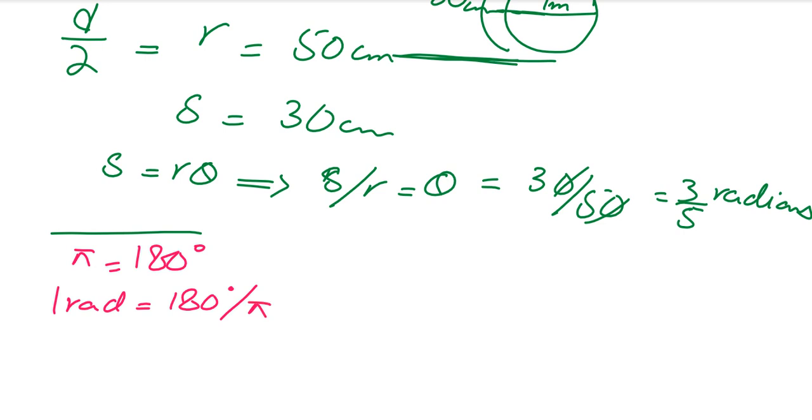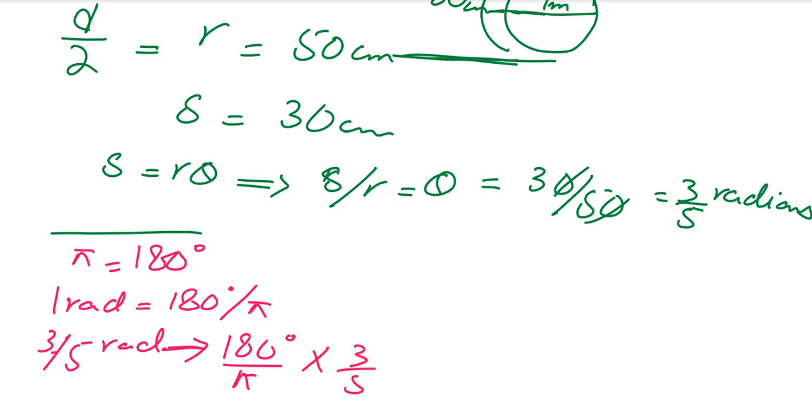So 3 over 5 radians will be equal to, we need to multiply it by 180 degrees over pi. That will be approximately 34 degrees. So that's it.